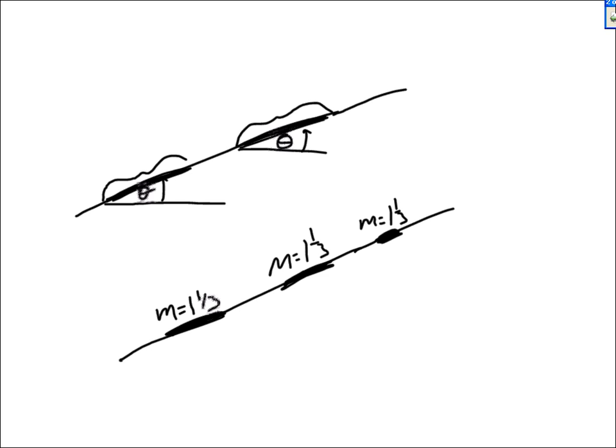And this big portion, from here to here, it's also 1 1/3. A big part of the line, a little part of the line, the slope is going to be the same.